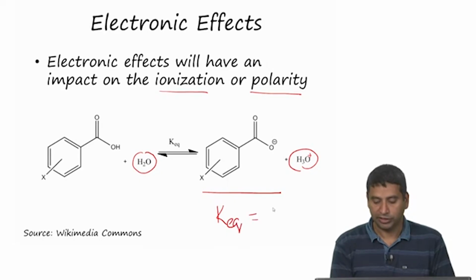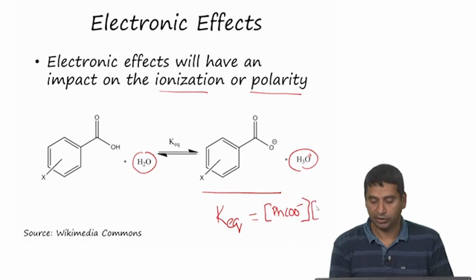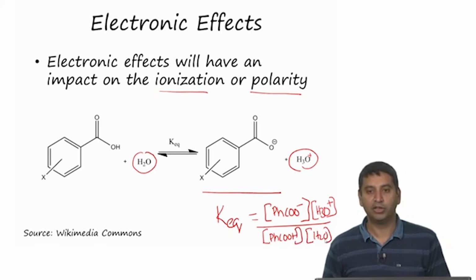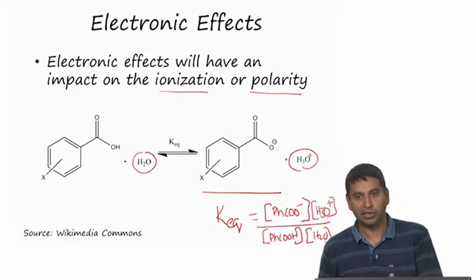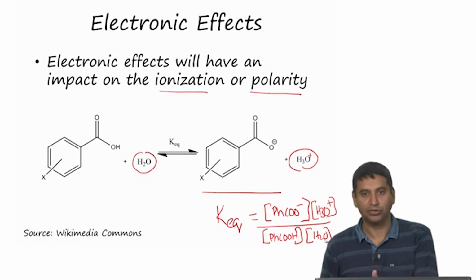Keq is the concentration of benzoate, COO minus, times H3O plus, divided by the concentration of benzoic acid times water. This equilibrium constant helps us understand how benzoic acid partitions into the corresponding conjugate base.